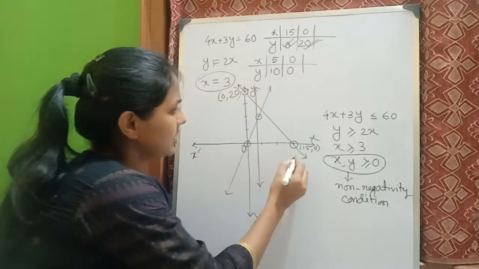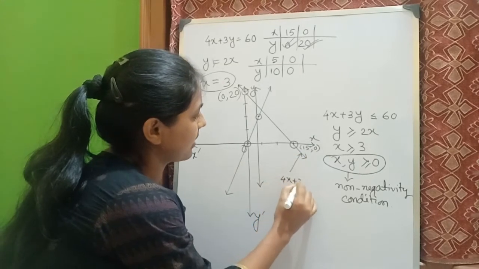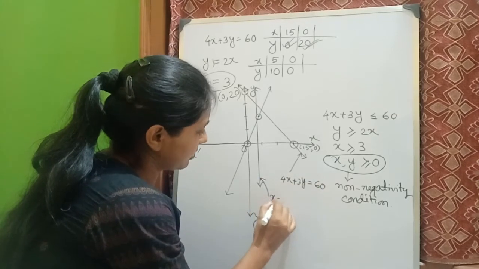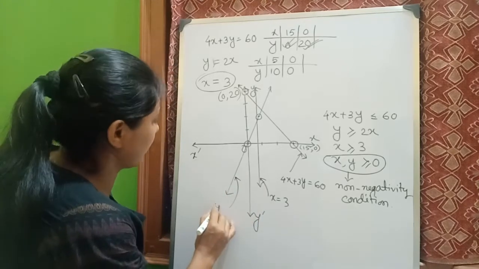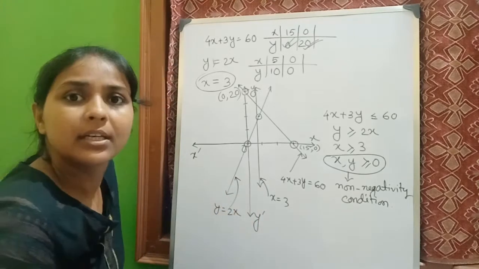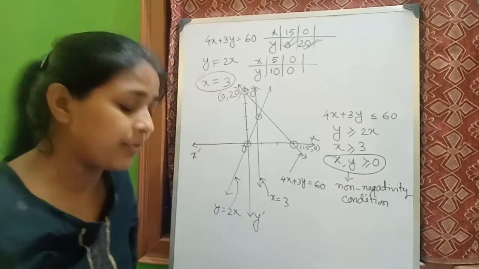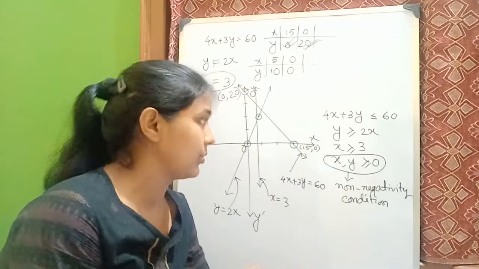Now I'm just writing it. This is 4x plus 3y equals 60, this one is x equals 3, and this one is y equals 2x. Now coming to the verification process that I discussed in the last video.